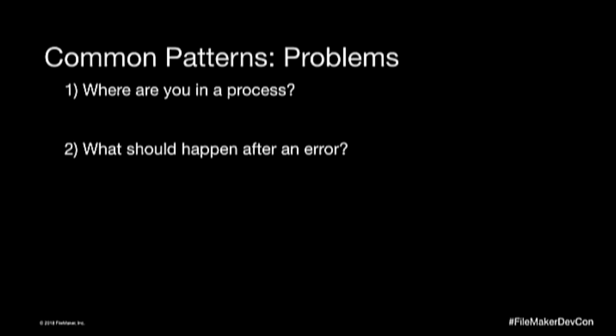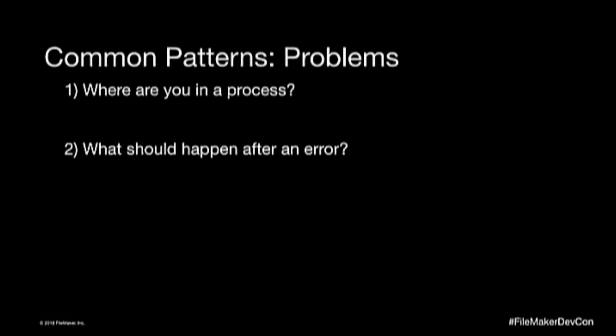And then, what should happen after a specific error? If you do a find and nothing is found, versus the find criteria was bad, how do you handle those differences?